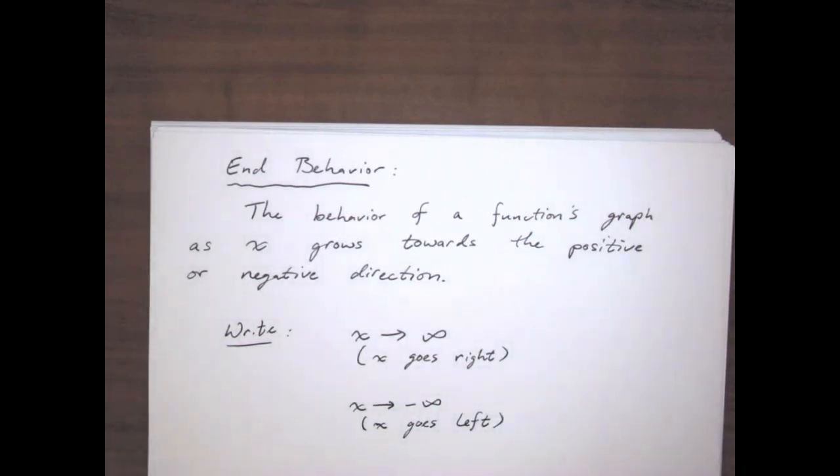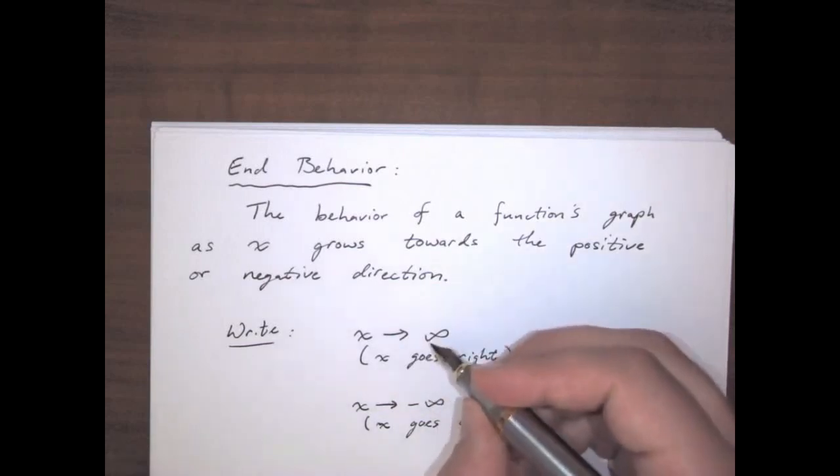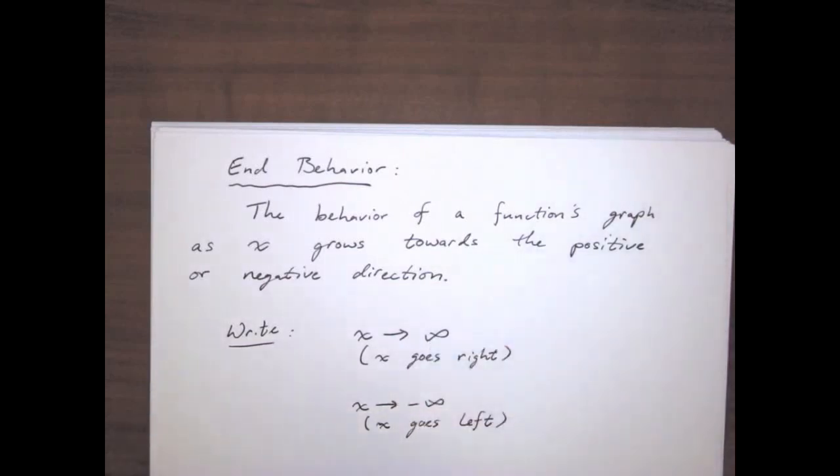Now for polynomials, what's going to be happening as x gets larger and larger and larger is that the y values themselves will also either be going up or going down. We'll see other kinds of functions later on that can do other things. And what we will be wanting to discover is what the end behavior is of the function as x goes in the rightward direction or in the leftward direction.